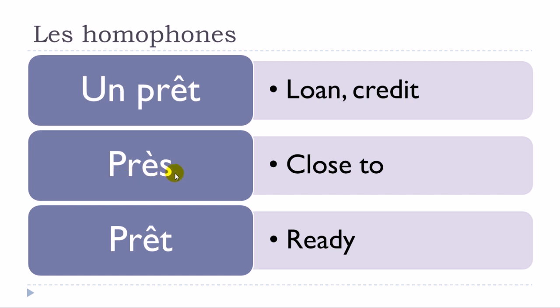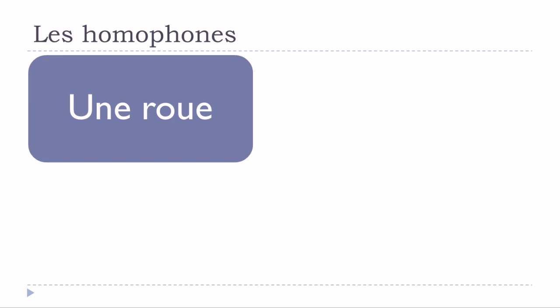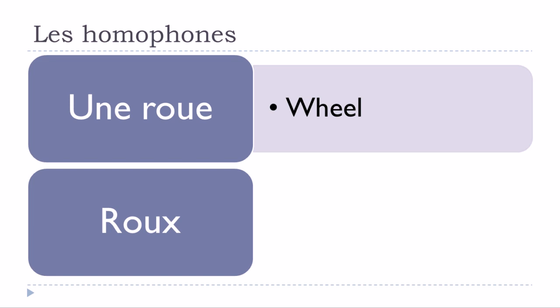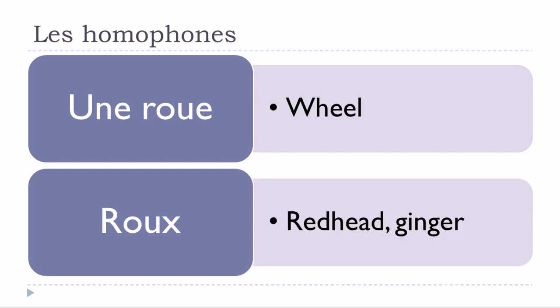Then you get prêt like that, with a final S, but of course you don't pronounce it. And here, prêt, the adjective. Okay. Une roue. Roue. Alright, so une roue, and then roue.